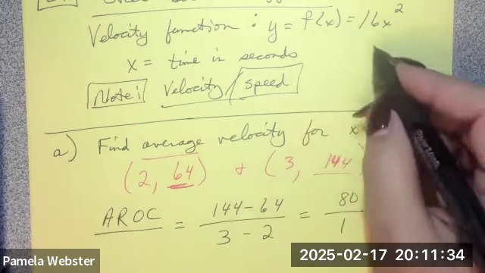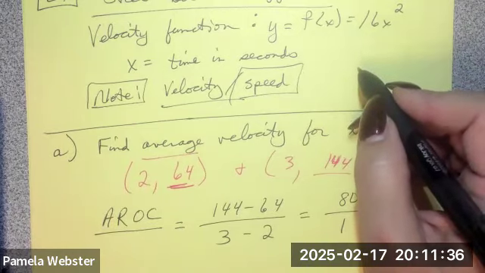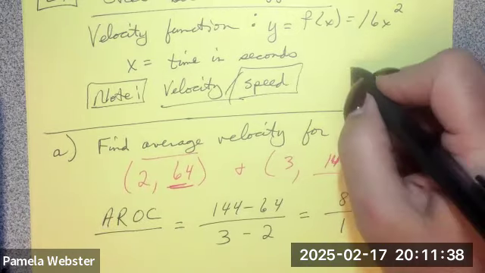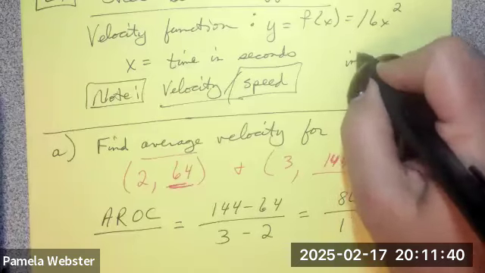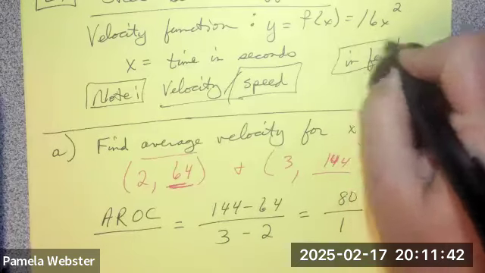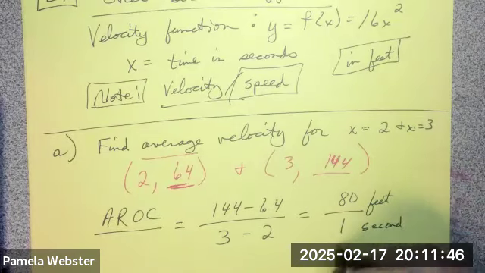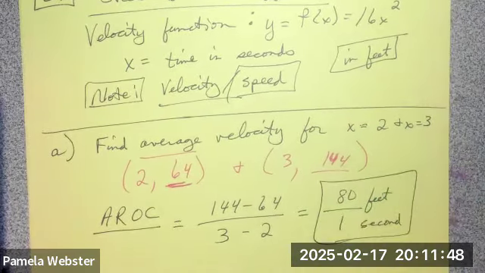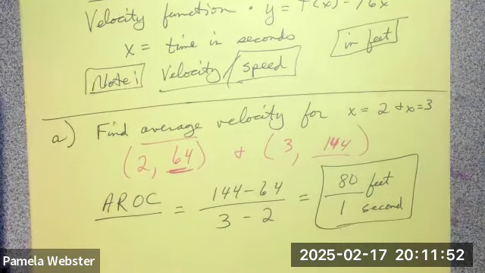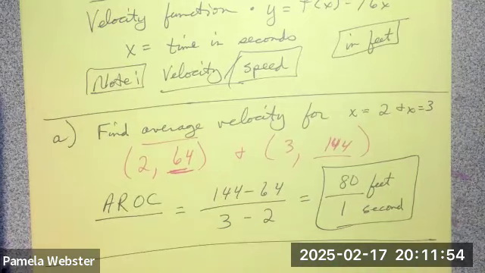So, this was in feet. Okay, so it's 80 feet per 1 second. There's my speed, 80 feet per second. Okay, average velocity. That's what they want to know.